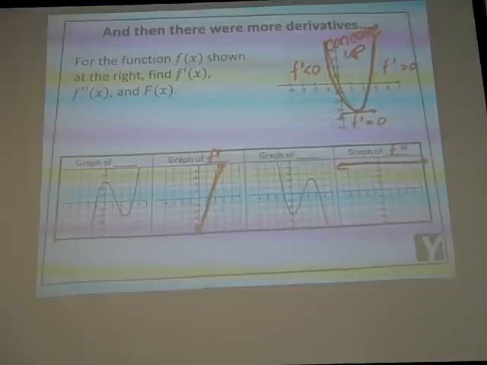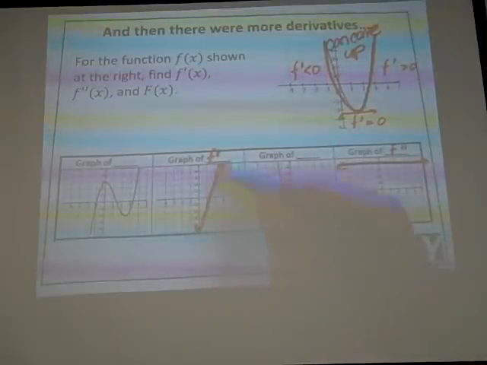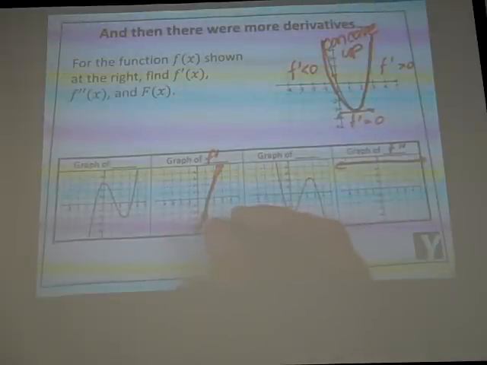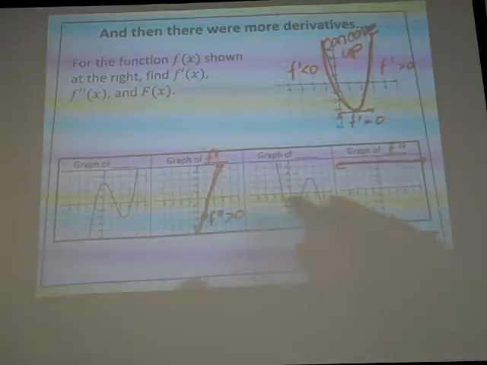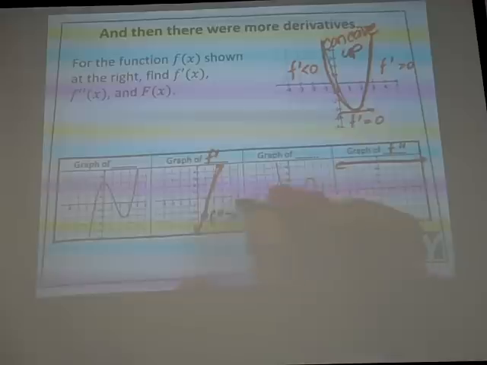I said that was one way we could go about doing that. Our other option would be to look at the original derivative and find its derivative. Well, if I find the slope of the tangent line over here, we're going to find f double prime is going to have to be some positive number. How do I know it's a positive number? This line is increasing.